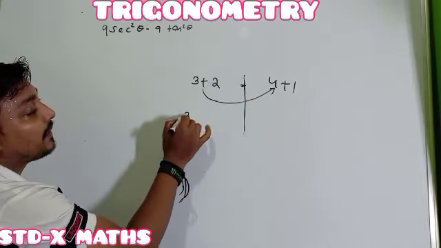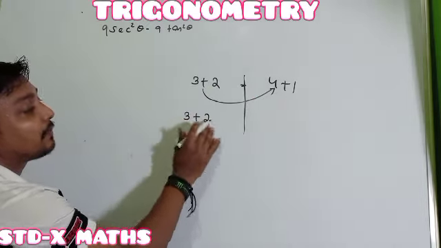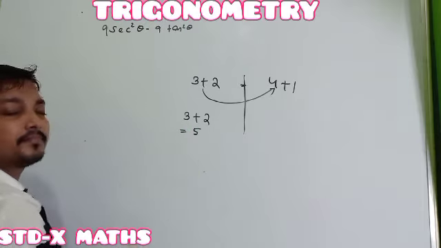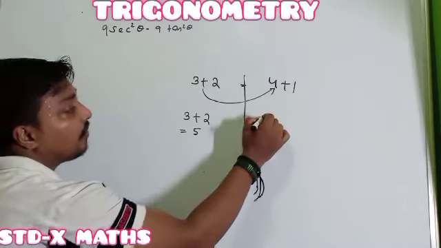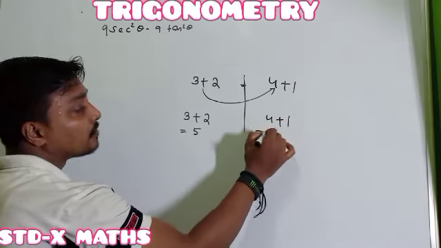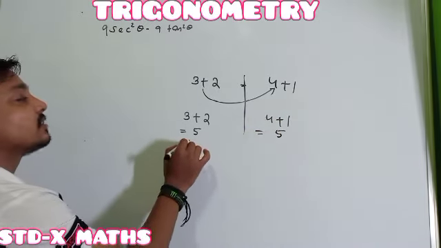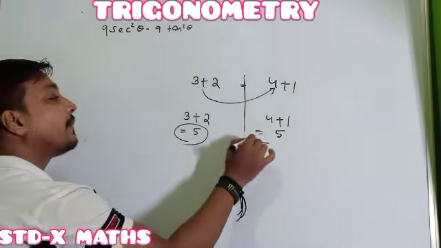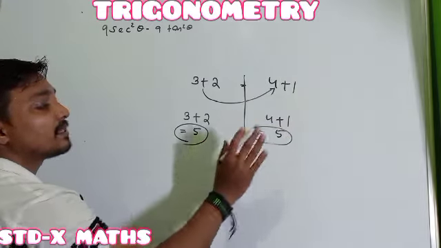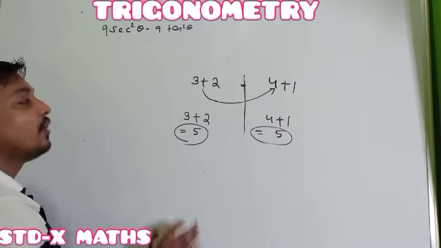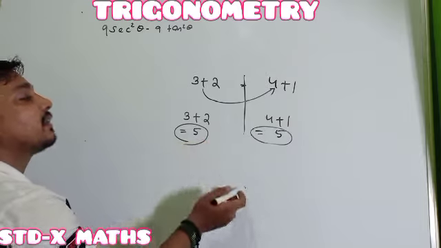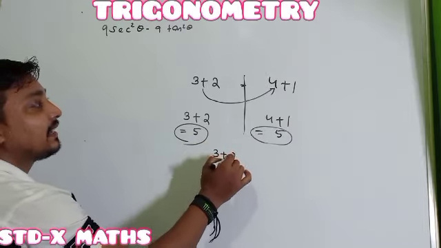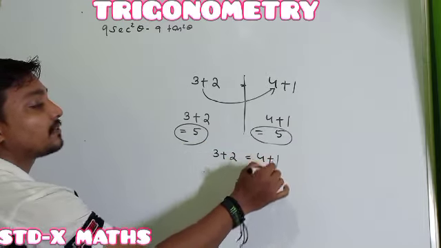Separate proof means you find the left side value of 3 plus 2, and also find the right side value. And the situation will come where the left side at one step will be the same as the right side at one step. Where you get a match with one another, then you can say that yes, 3 plus 2 equals 4 plus 1.